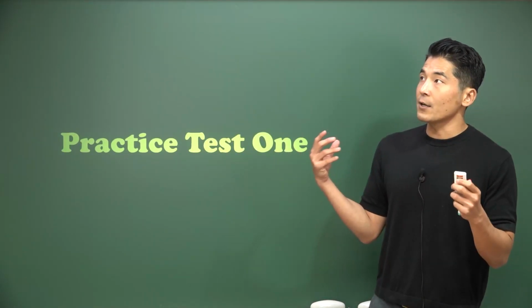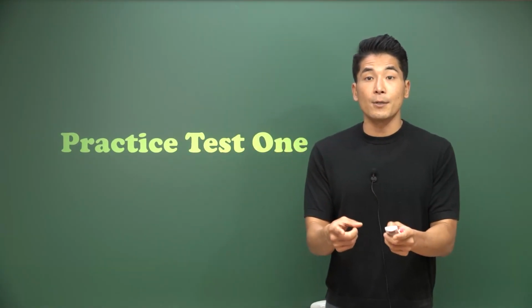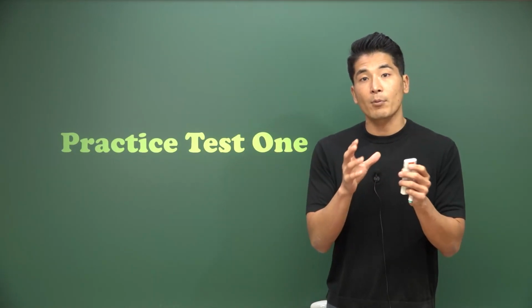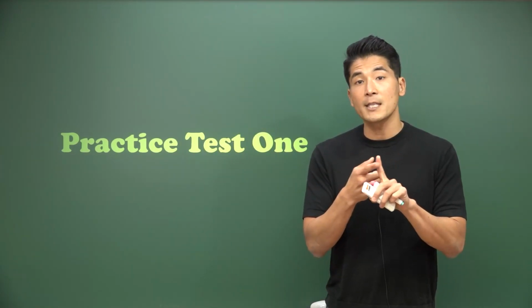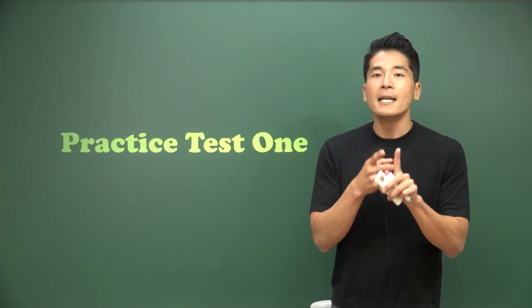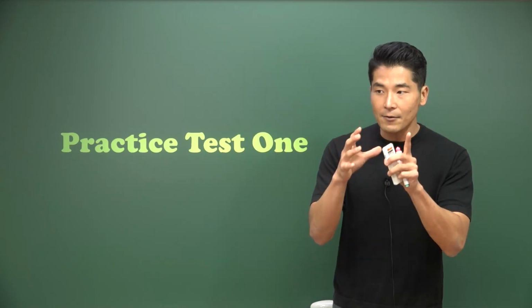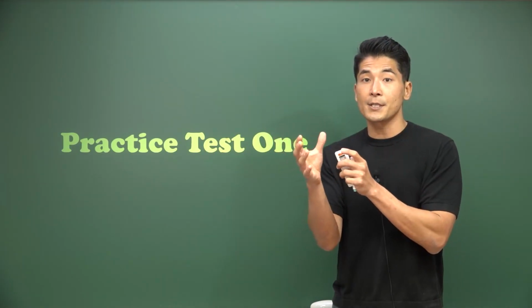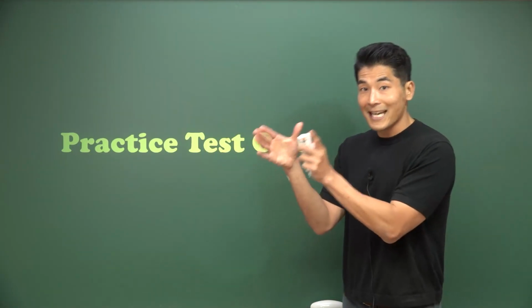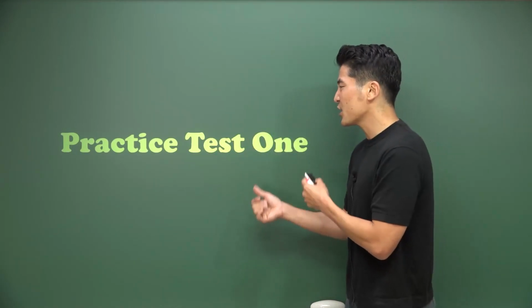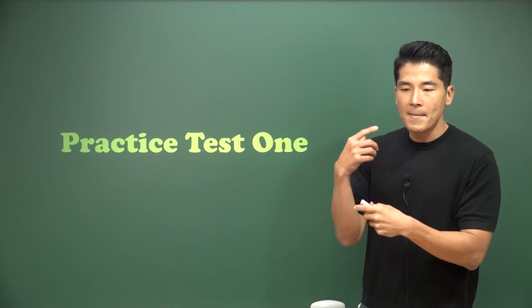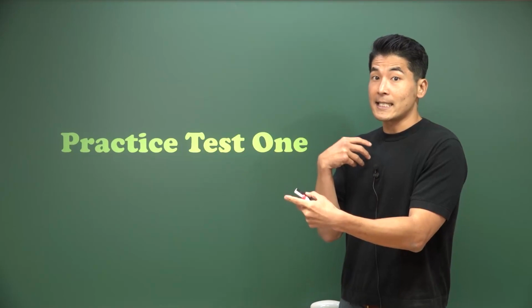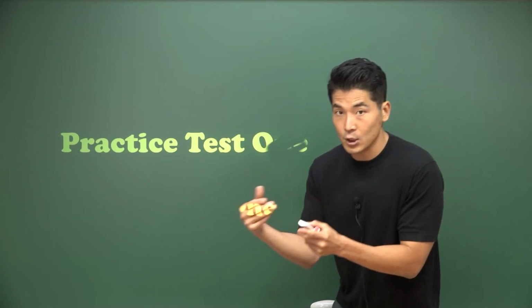So really, what you guys are going to do is go from what's called deliberate practice, which means focusing on one specific concept or question type, to now applying everything that you learned from each of those chapters into an actual test mode. So now you're just going to be practicing taking the digital SAT test as if you were taking the actual thing.